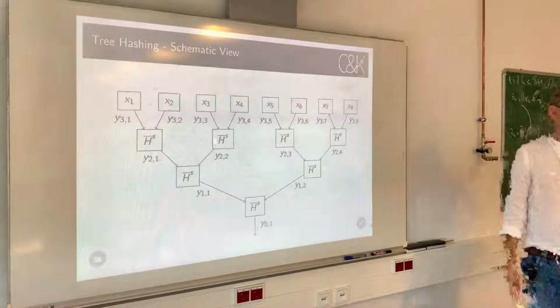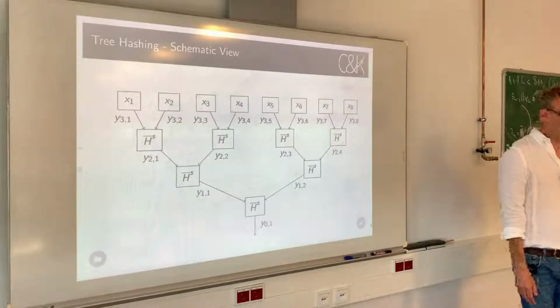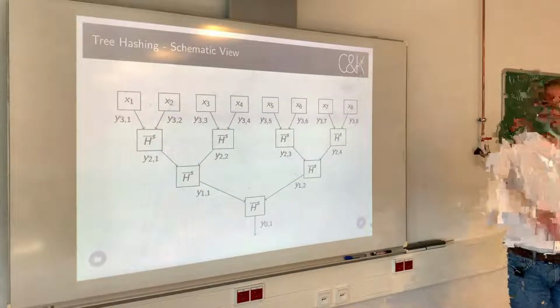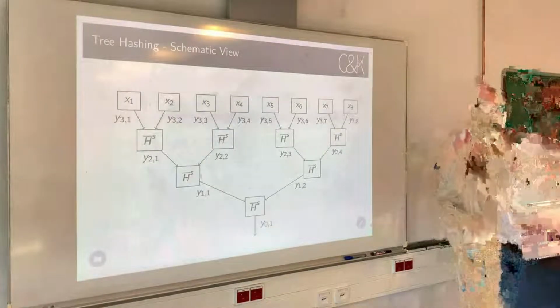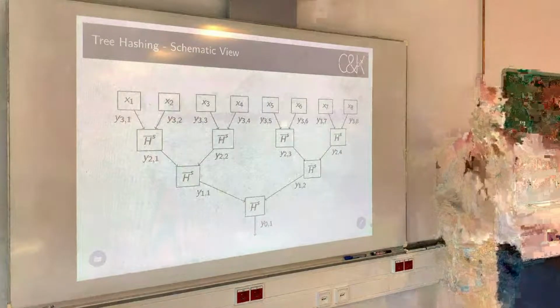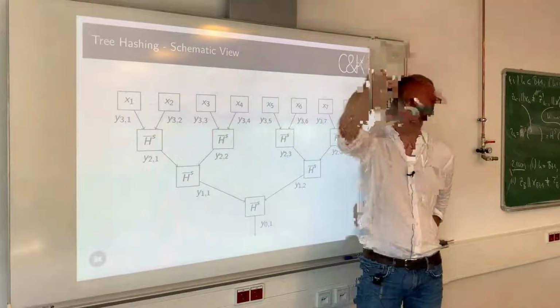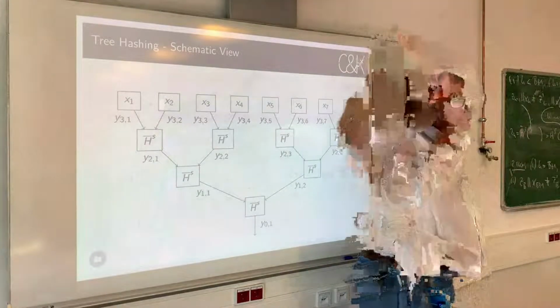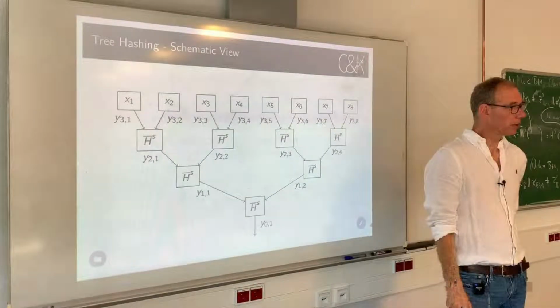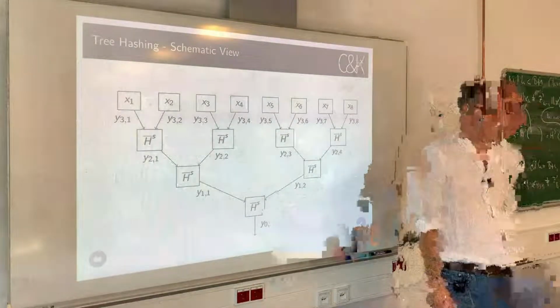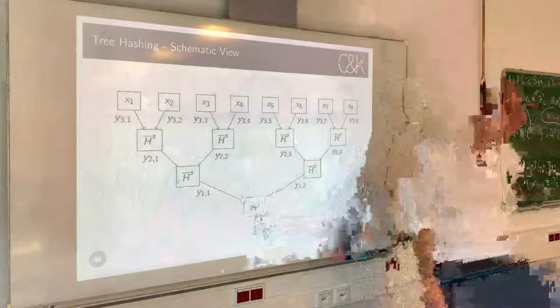Similarly, if you want to modify data, so you have stored this data in the cloud, and I say, oh, I want to change this value here. I don't want to change the whole thing, I just want to change this value. So I send it over there. Then obviously I have to change the hash value here at the root.